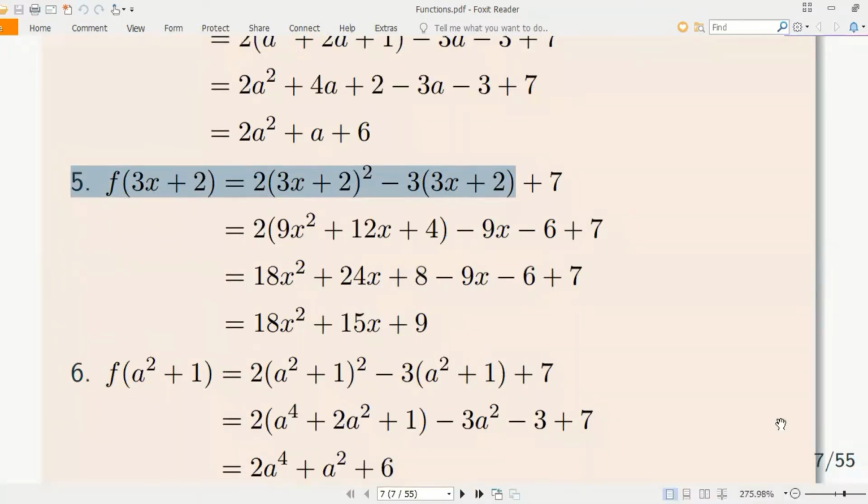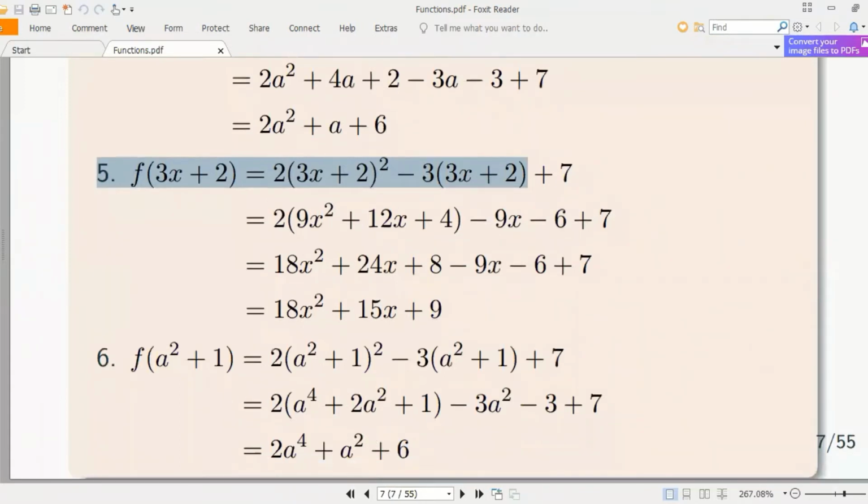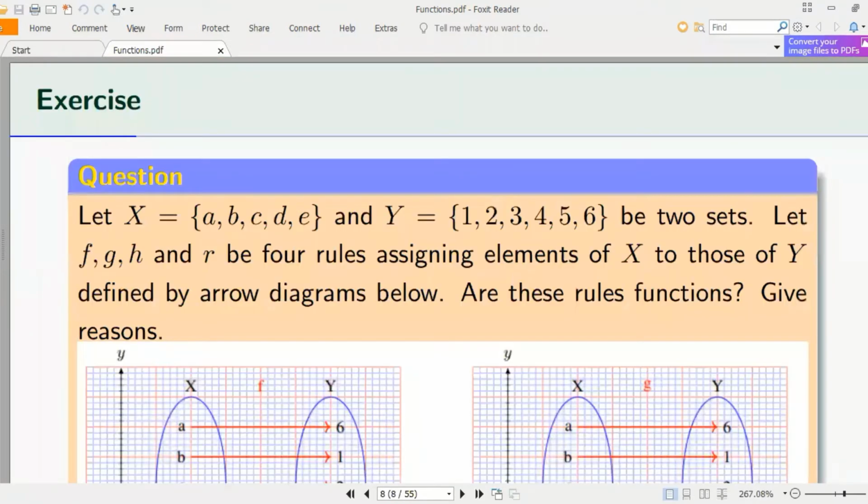I wanted to make this number 6 here so that the bottom was not crowded. It is now very good. So that is the working. You can do it at your own time and see whether you get it.